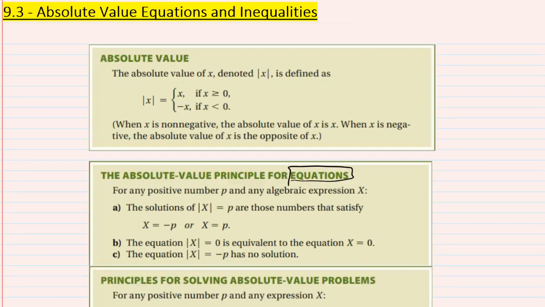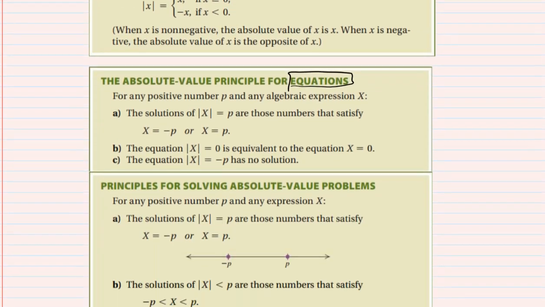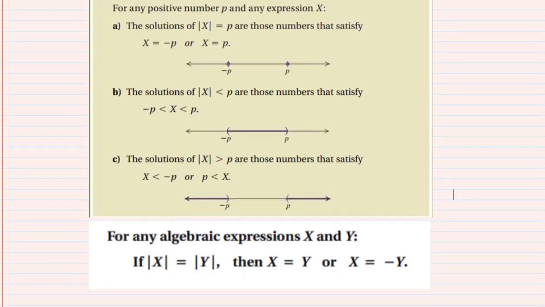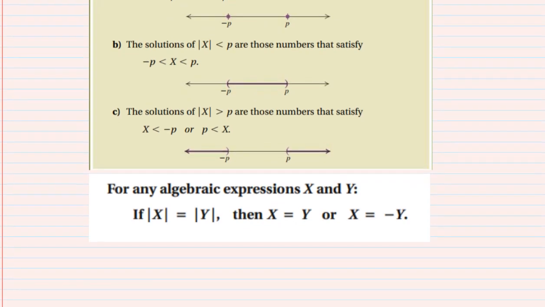Let me actually show you this other absolute value equation, and it's this one right in here. Now notice here we have two absolute values, right? I have one on either side of the equal sign. There's one here, one here.